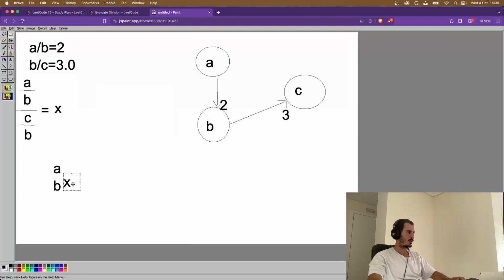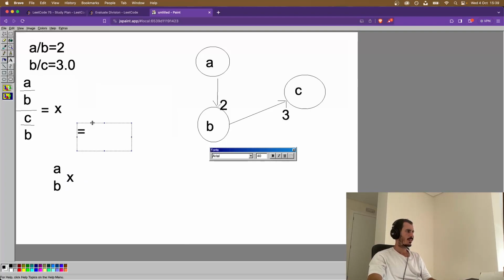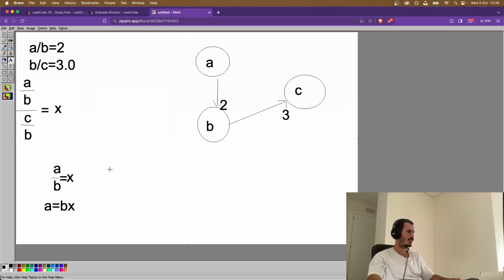Then I can say, that's too much stuff to write, so I can also say that a equals b times x. That's one thing.